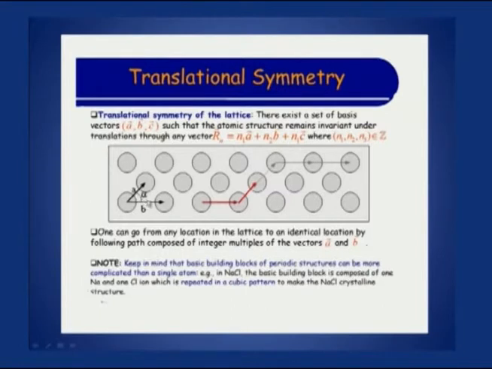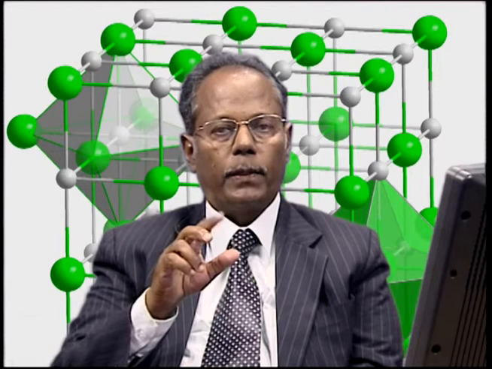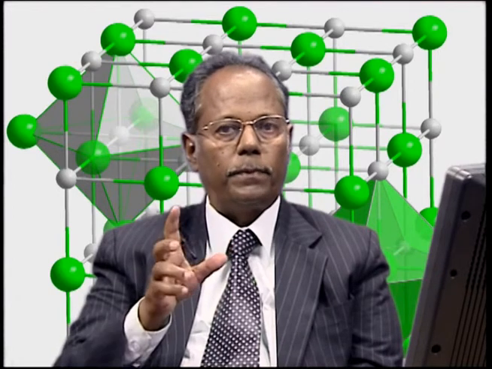By translating this, from here to here, then from here to this point, or in general through a vector Rn, which will be n1 times a plus n2 times b plus n3 times c, you end up at some other point.